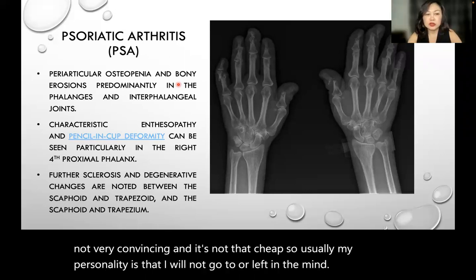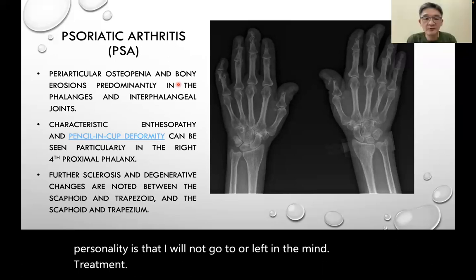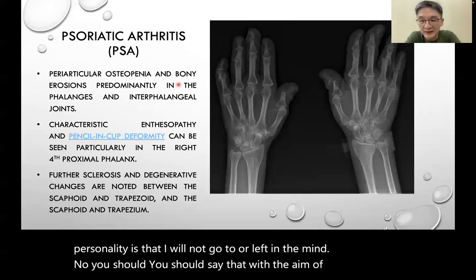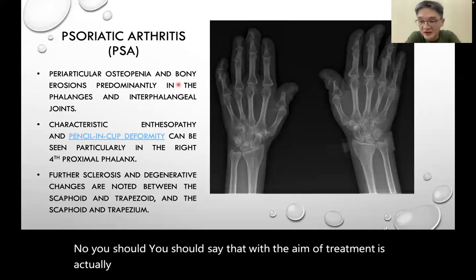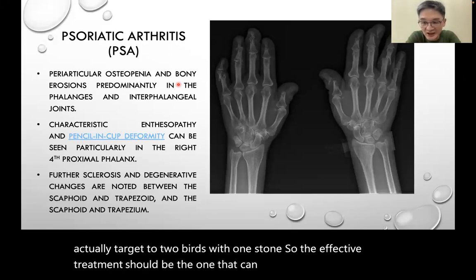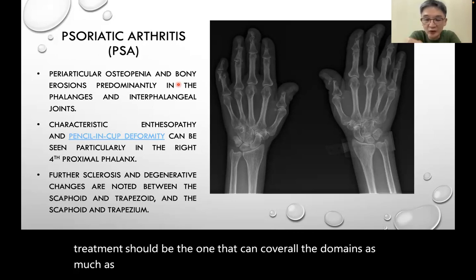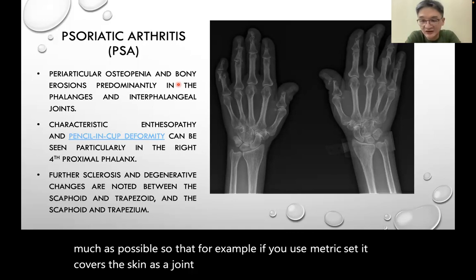Can I ask, if you treat the skin, does the arthritis get better? No, the aim of treatment is to target two birds with one stone. So the effective treatment should be the one that covers all the domains as much as possible. For example, methotrexate covers the skin and the joint, but sulfasalazine doesn't cover the skin.